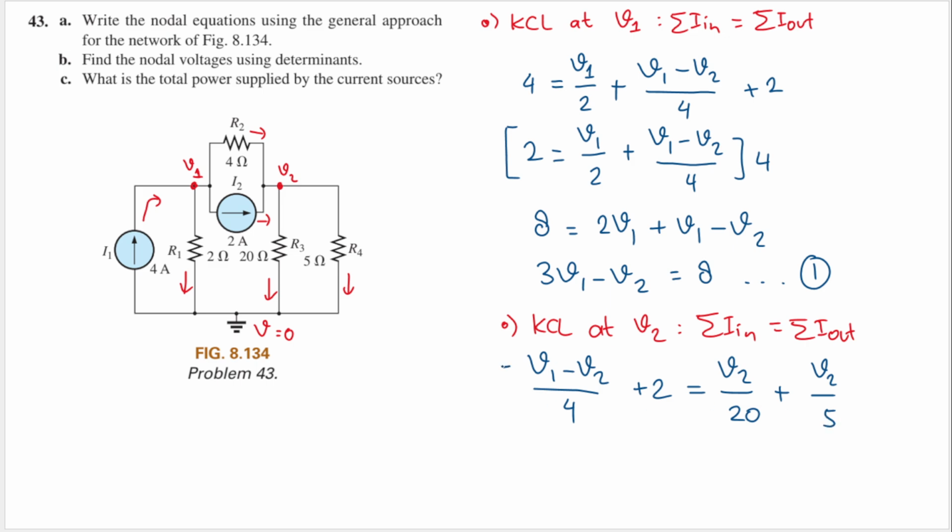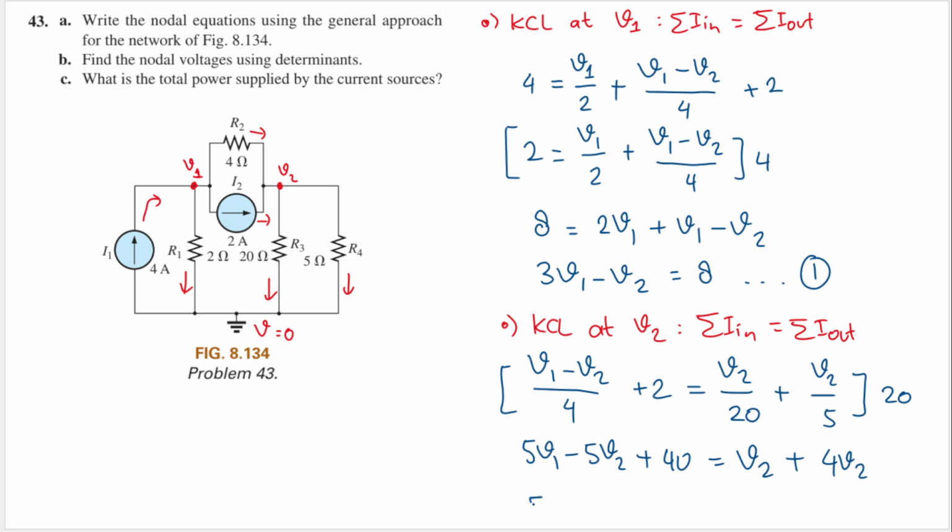I think we can multiply both sides by 20 to get rid of all the denominators. 4 and 20 cancel into 5, so we will have 5V1 minus 5V2, plus 2 multiplied by 20, that is 40, and then 20 and 20 give V2, and 5 and 20 cancel into 4, so I will have 4V2. So we have 5V2 on the right hand side; let's move it to the left.